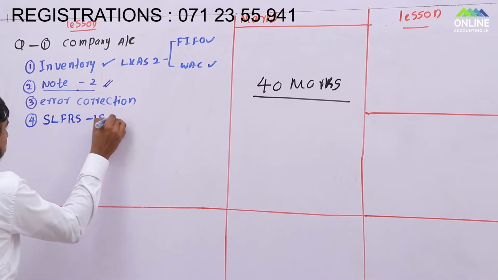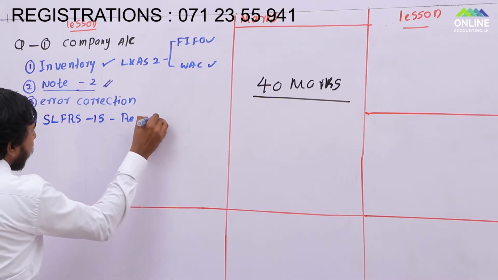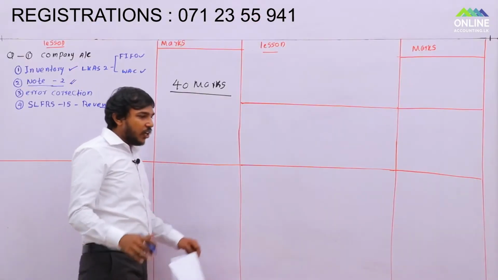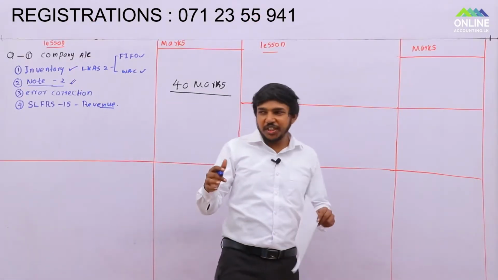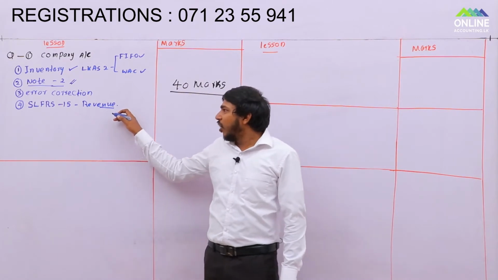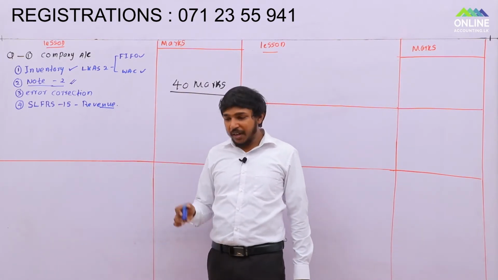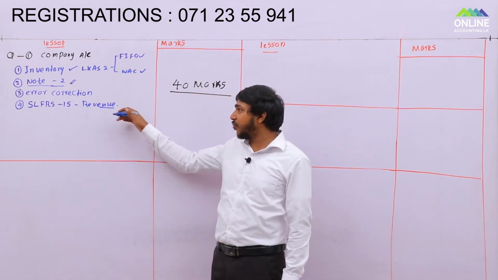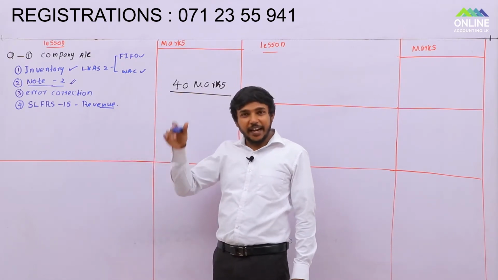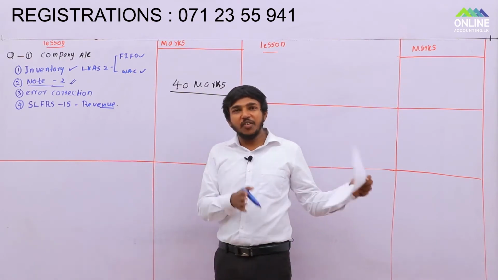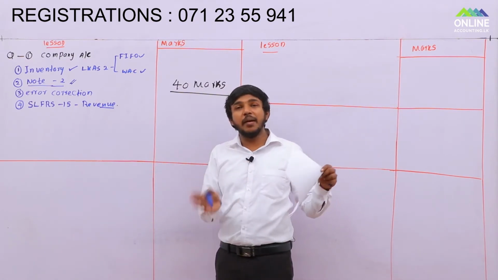Then the fourth one was SLFRS 15 revenue. This is an important as well as fresh accounting standard. Even last time I mentioned to the students that SLFRS 15 could be tested in the second paper company question also, as it was already tested in question number 1, that means in paper number 1.